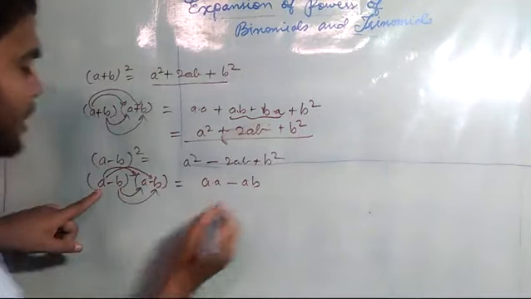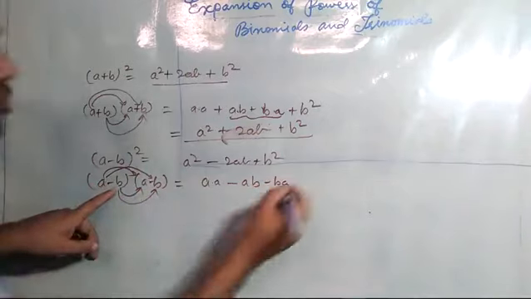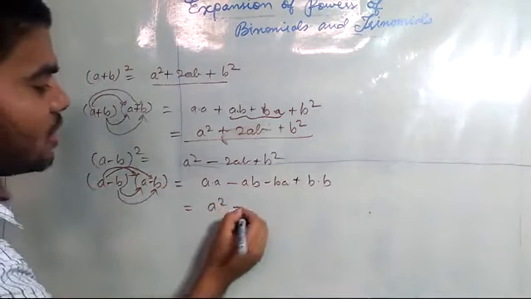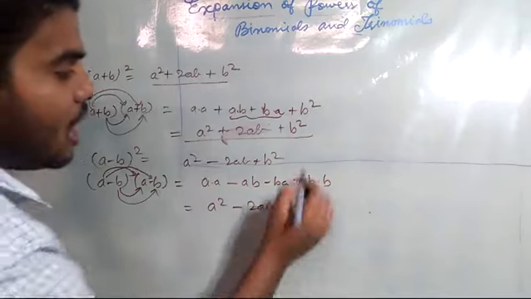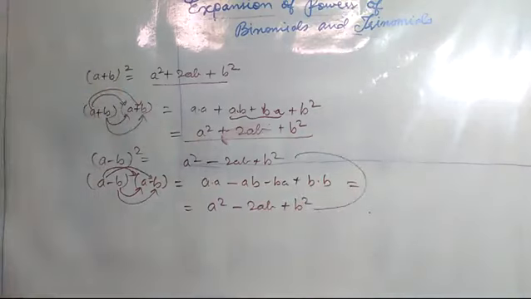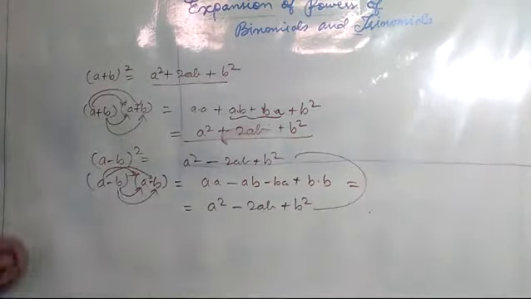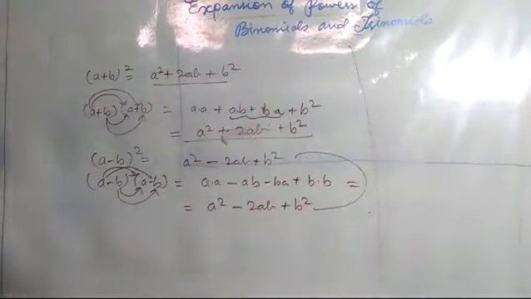So plus into minus, minus. Then here minus b into a, minus ba. Minus into minus, plus b into b. Now you see a square minus ab minus ab will be minus 2ab plus b square. I hope these two terms are equal. You all can understand how I have derived these two small expansions. Actually not derived, I have just shown you how it is represented.